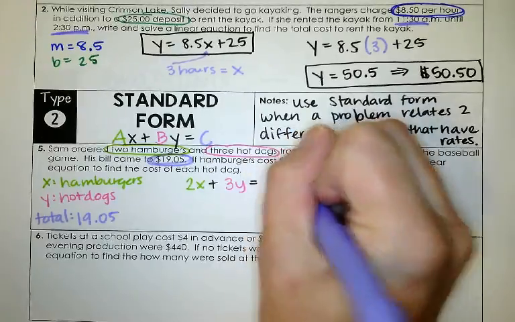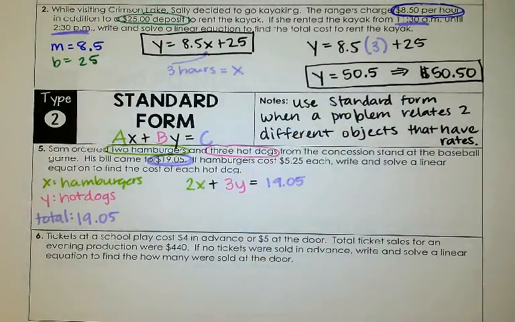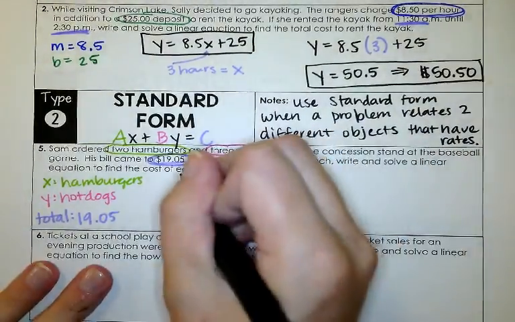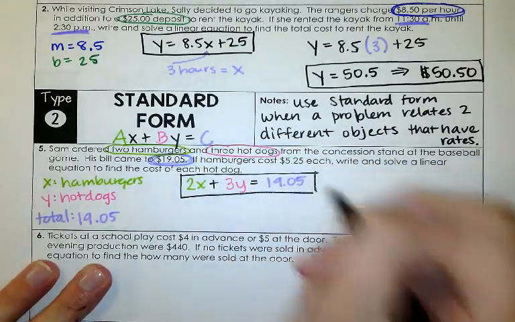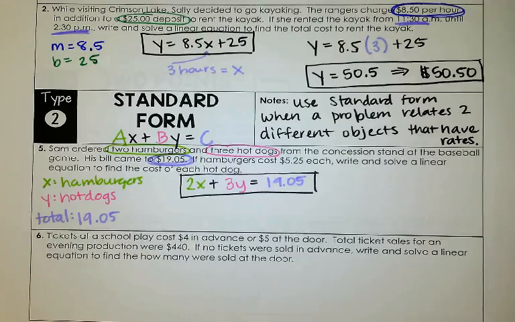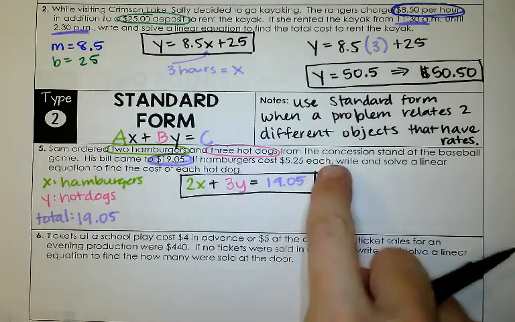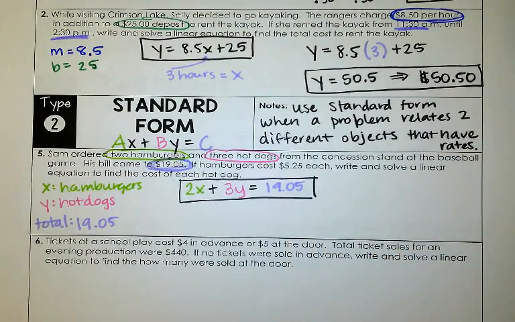Do y'all feel good about that? So this is how we could write our equation. If we didn't know how much a hamburger costs, we don't know how much a hot dog costs, we can just write an equation right there, and that represents it for us. Okay? Now, but they do tell us something, don't they? What do they tell us? How much does a hamburger cost?